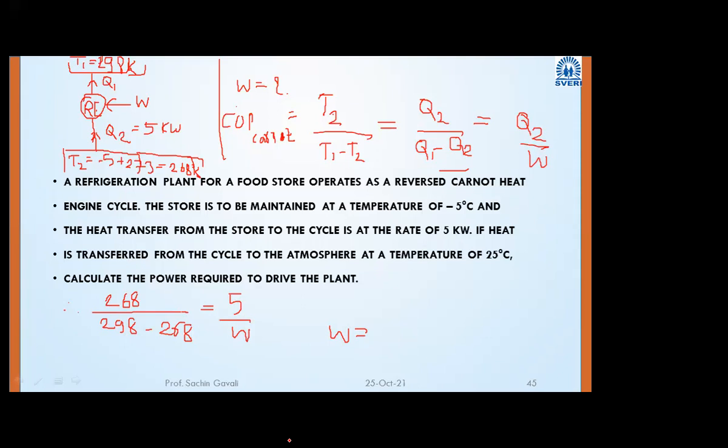Nobody is calculating. 260 divided by 298 minus 260 means 30. Nobody solving. Chat box. Okay, I want one answer.